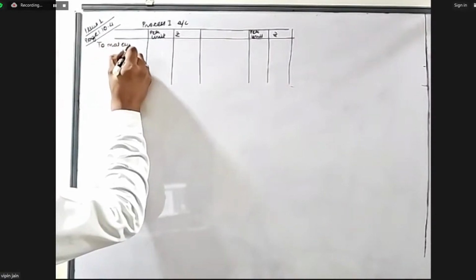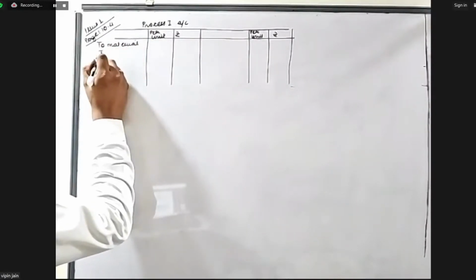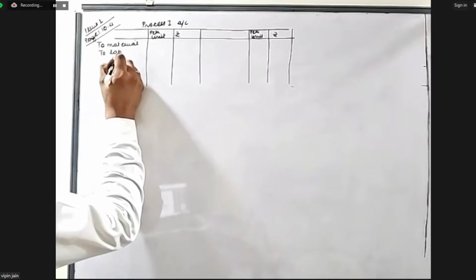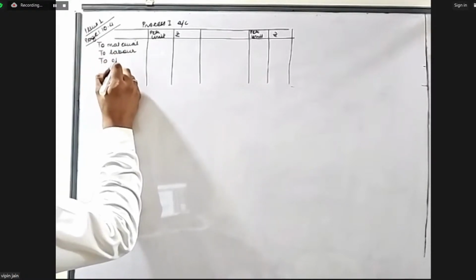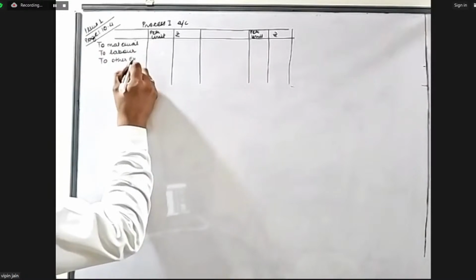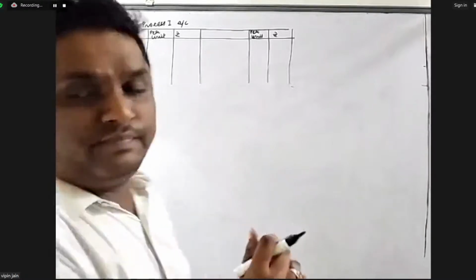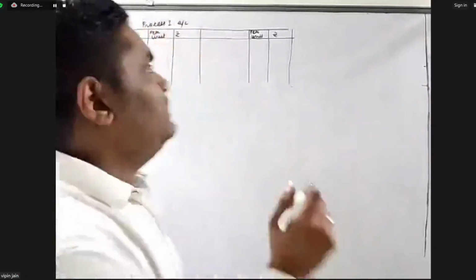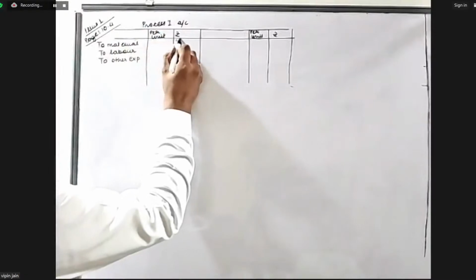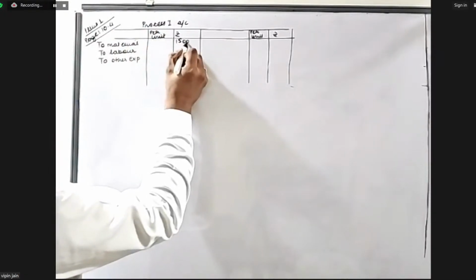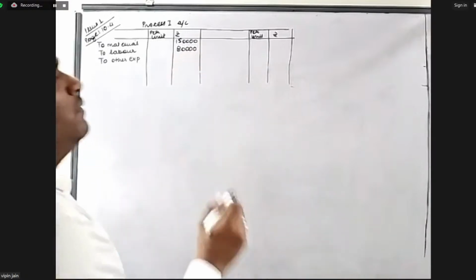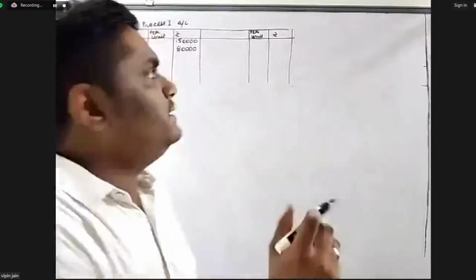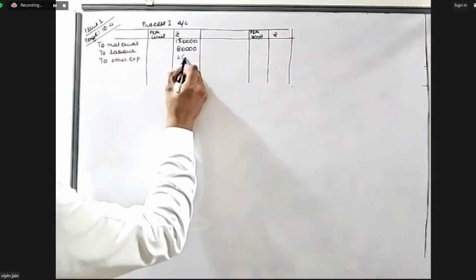So to material, to labor, to other expenses. Material, it is 1,50,000. Labor, it is 80,000. And other expenses are 26,000.